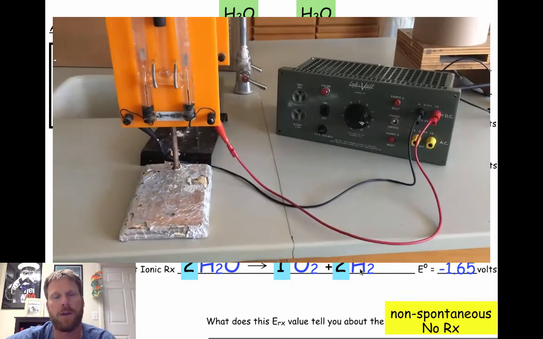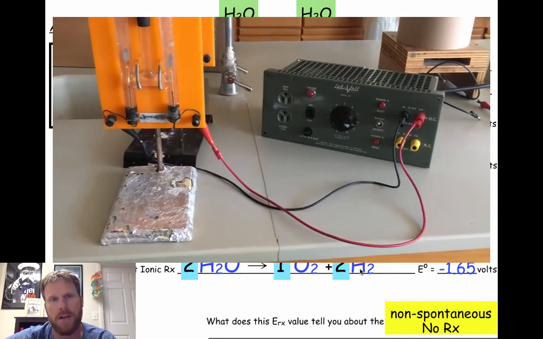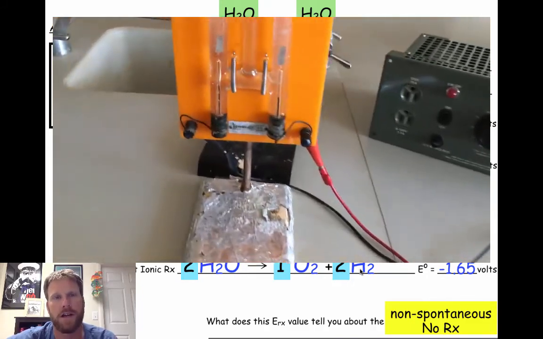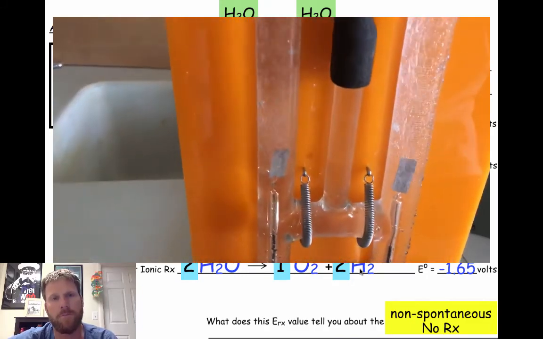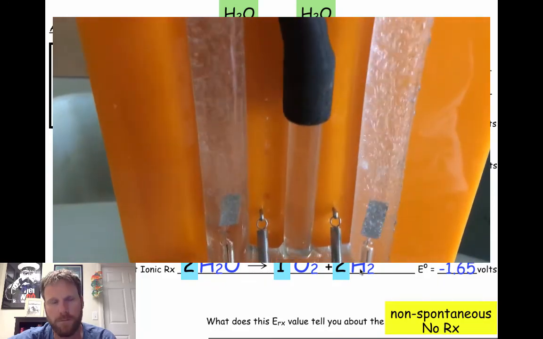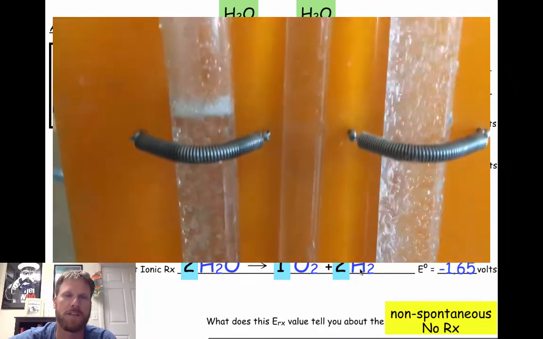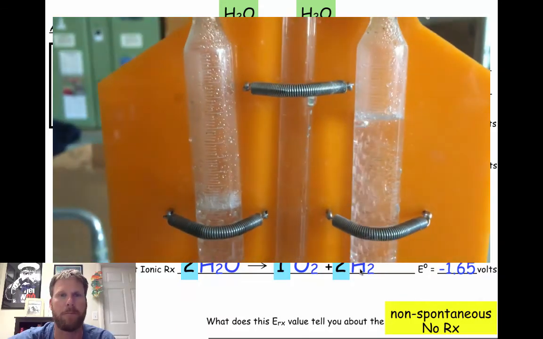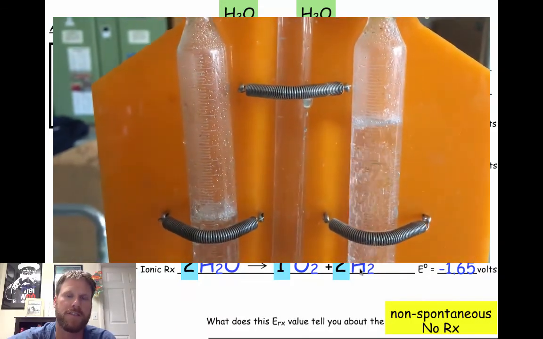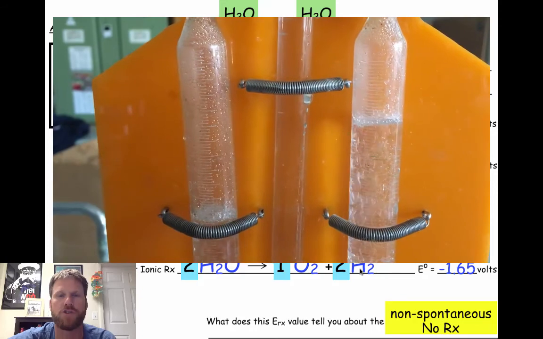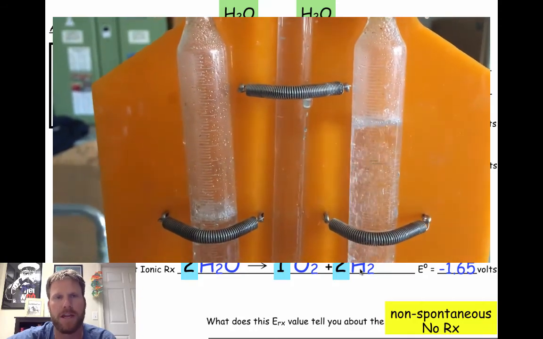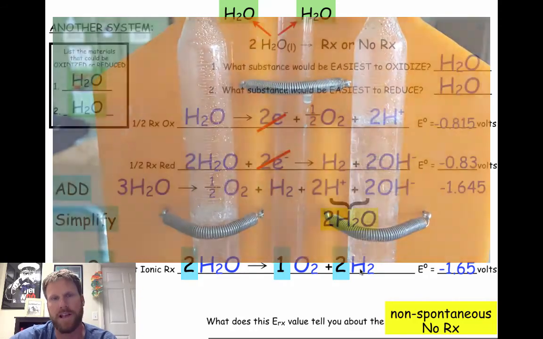You can see here that we have a power supply hooked up to this electrolysis of water setup. You can see the two electrodes here, and there are bubbles of gas being formed at these two electrodes and collecting at the top. You'll notice on the left side that twice as much gas is being collected compared to the right side.